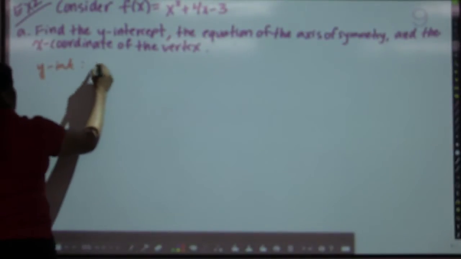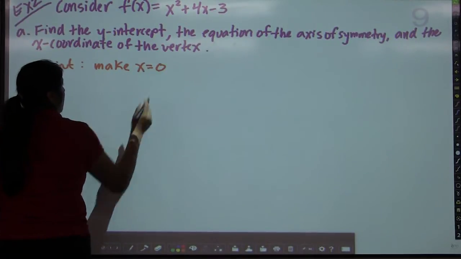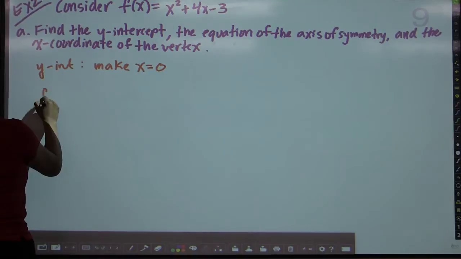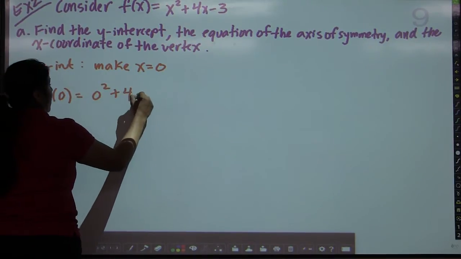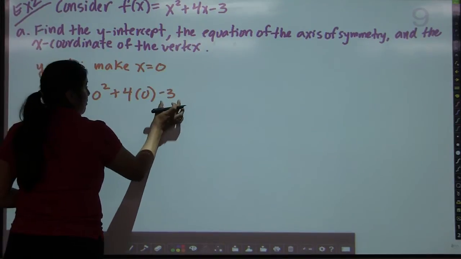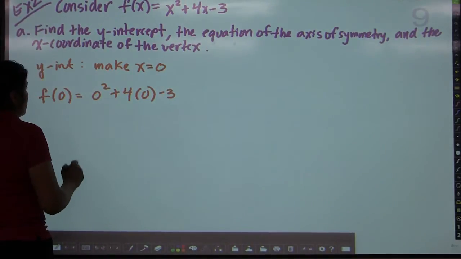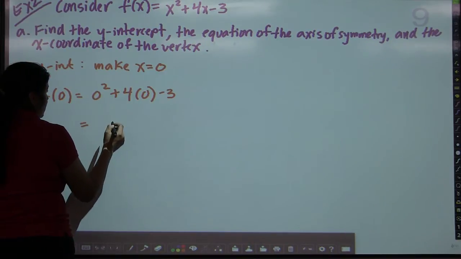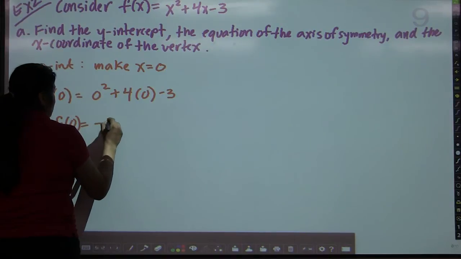We said before that to find the y-intercept, you would have to make x equals 0. So we're looking for f of 0. We're going to get 0 squared plus 4 times 0 minus 3. And remember, negative 3 is the value of the constant for this function. So 0 squared is 0, 4 times 0 is still 0. So f of 0 equals negative 3.